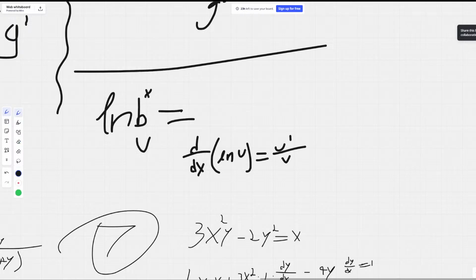Ln is technically 1 over, no, what am I thinking? That is something else. It looks like it's time for a review.